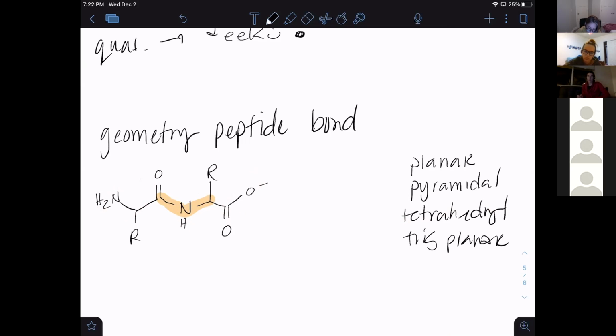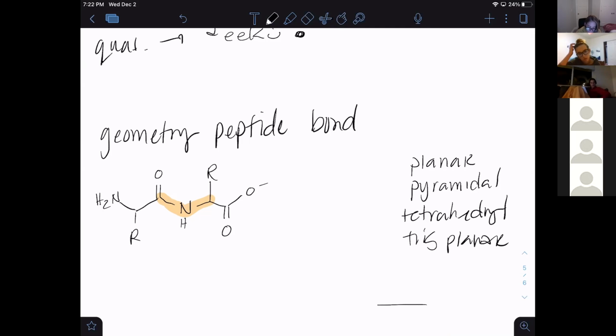And what is planar? How many things are connected to this N? 3, so it would be the trigonal planar.